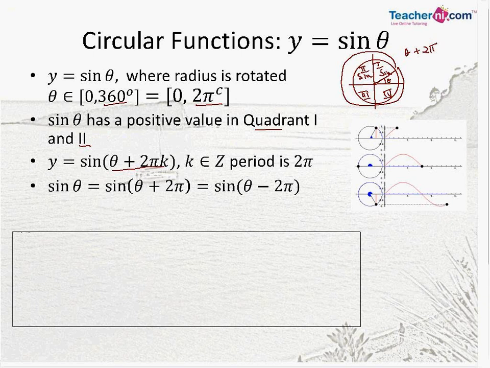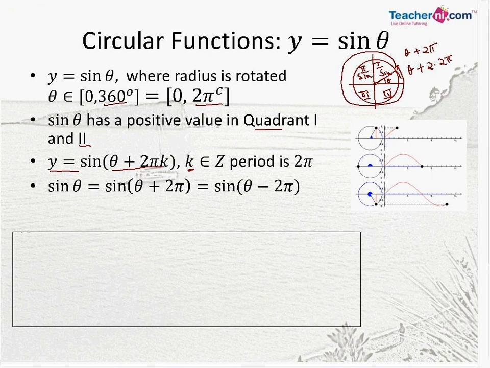Rotate it one more time. So what does it become? It becomes theta plus 4 pi, right? But again, you get the same value. So that's for all angles of theta plus 2 pi k, you get the same value y, where k is an integer.